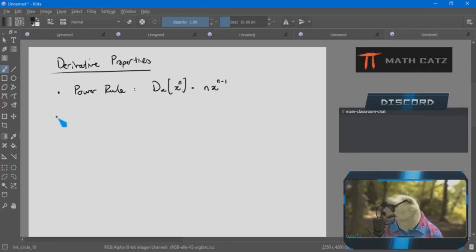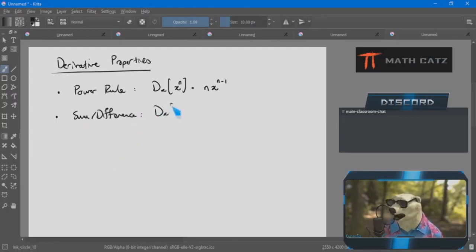But I have other, I guess I'll call them supplementary properties that help me to isolate things like x to the power of n. Like I have the sum or difference property. I'm just going to write property every time. These are all properties.